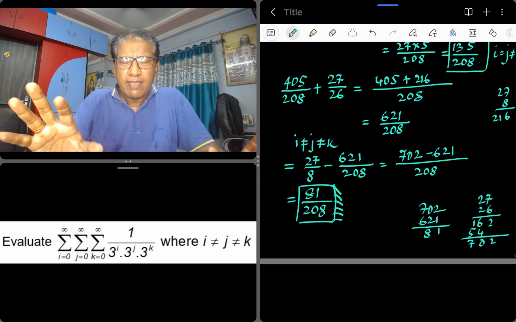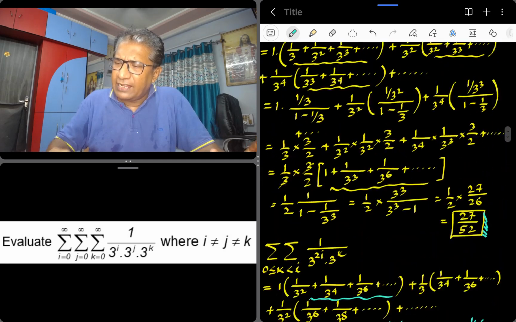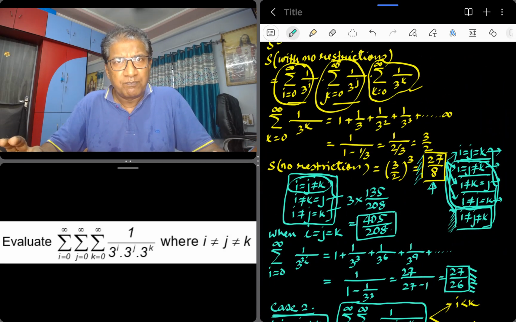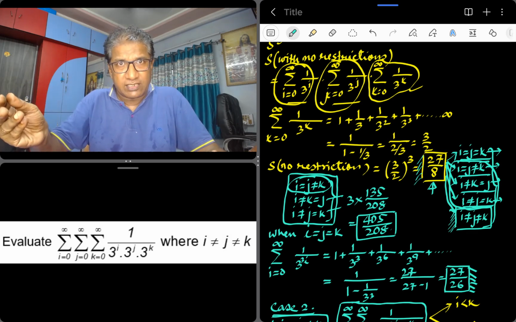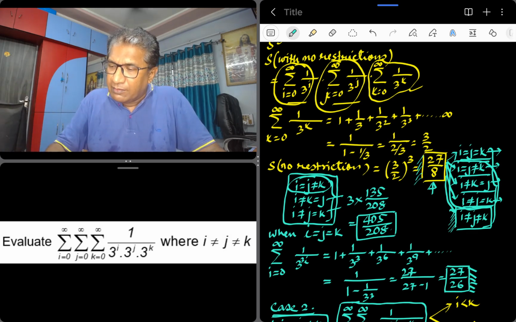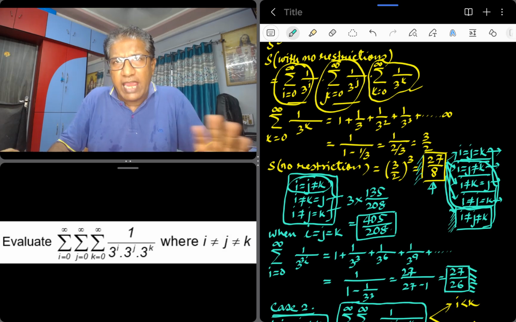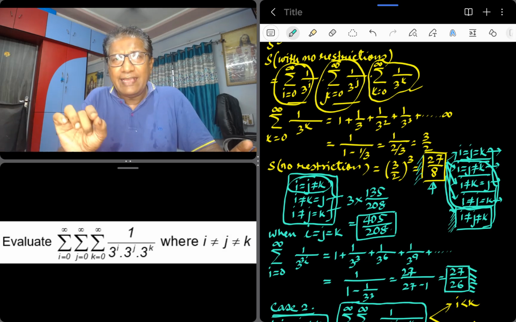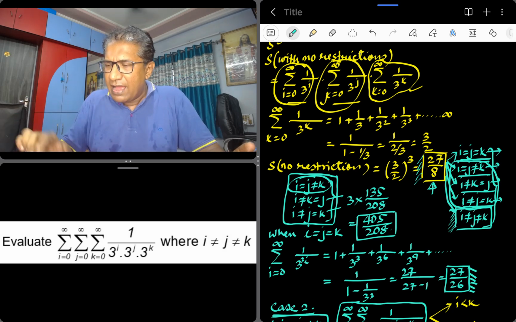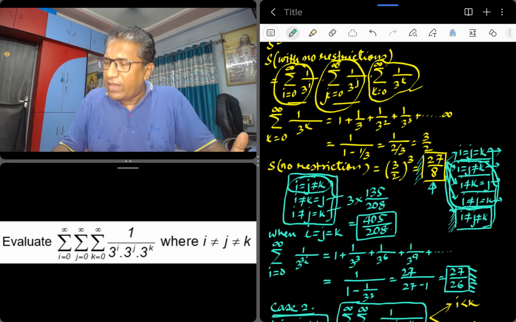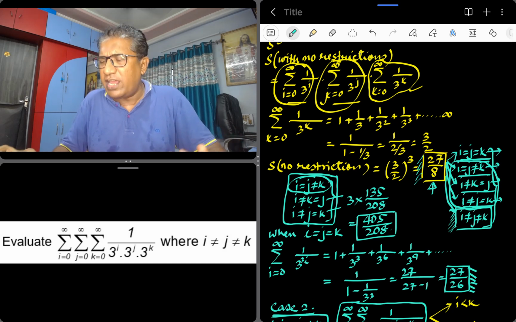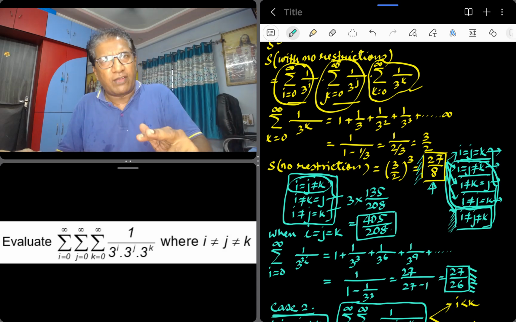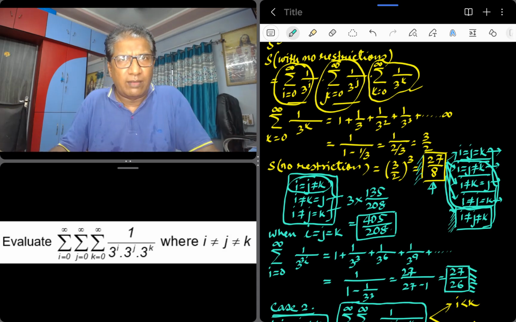And we got the sum, and there we saw that there are 5 cases involved in this sum: I is equal to j equal to k, that can be one type of numbers in that series; I is equal to j not equal to k; I is not equal to k equal to j; and I is not equal to j equal to k, meaning two are not equal, one is equal. And then we have considered that three are not equal.